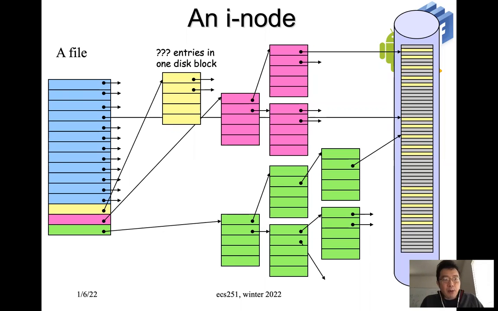Those 12 pointers are called direct pointers, or direct blocks, because those blocks are directly pointed at by these 12 pointers. So essentially, these 12 pointers represent the first 12 data blocks of the file. Okay, so of the 15 pointers, the first 12 are what we call direct pointers or direct blocks.